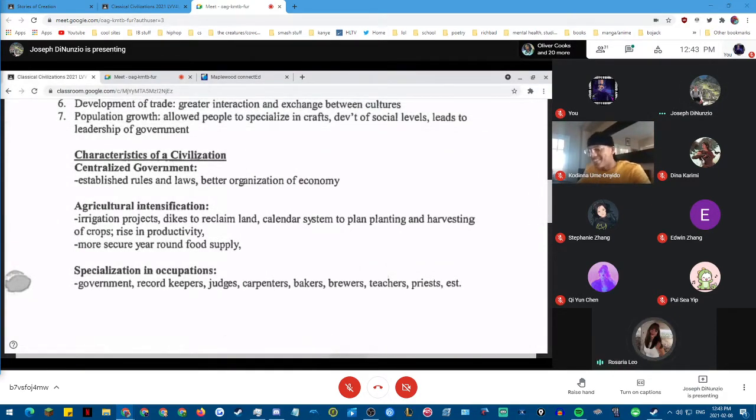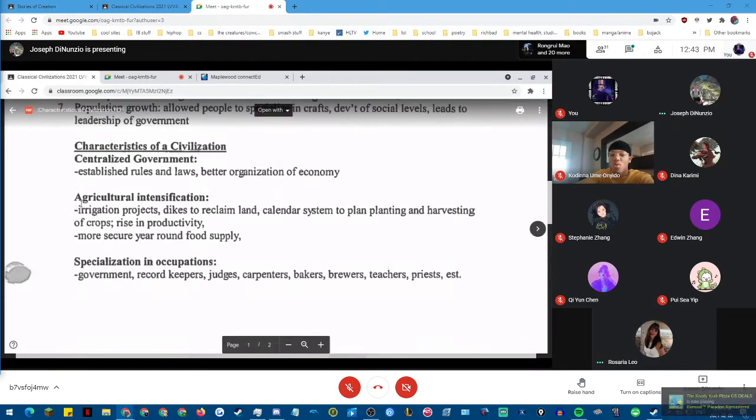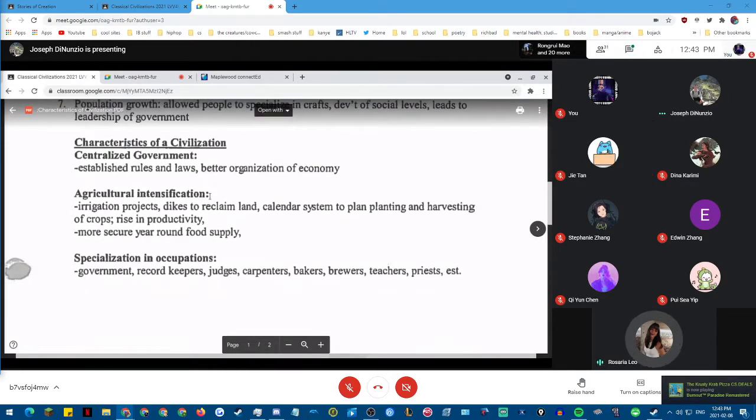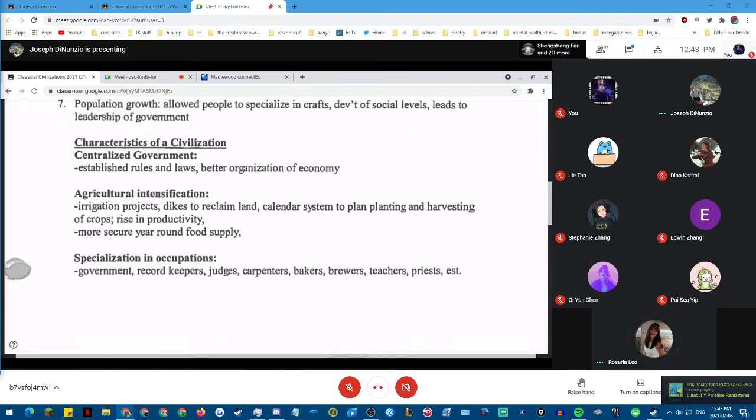Characteristics of civilization: centralized government, established rules and laws, better organization of economy, agricultural intensification. Irrigation projects to reclaim land.